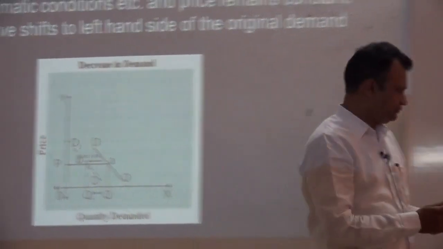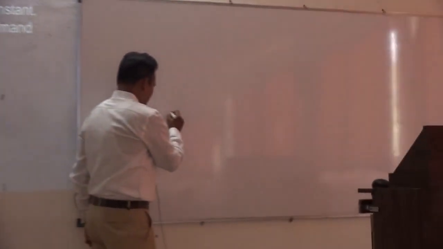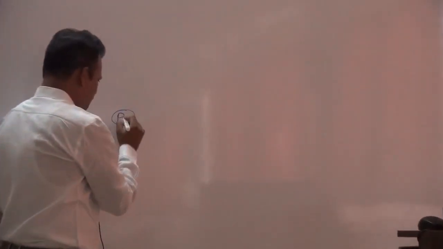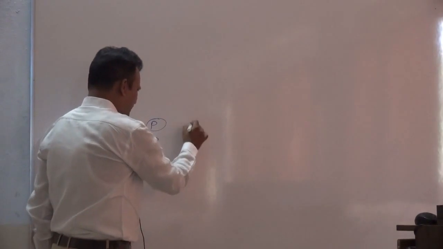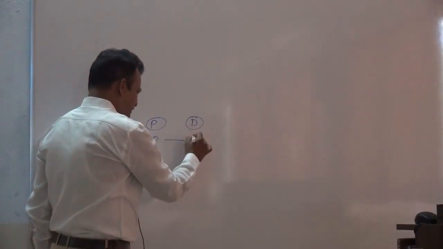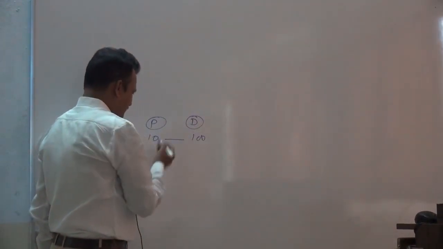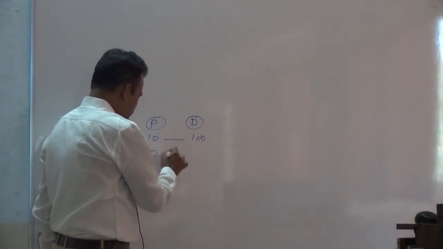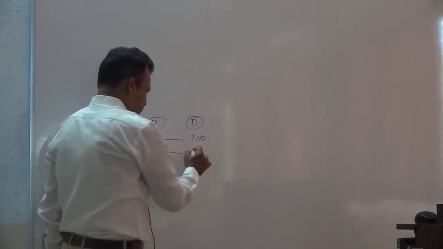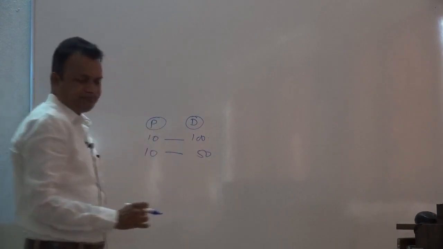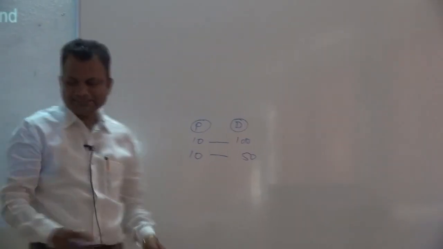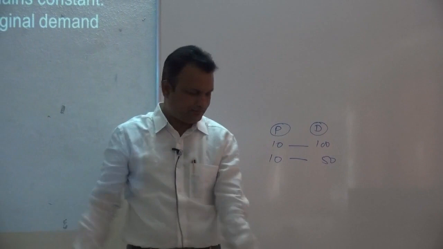For example, we will explain that thing in detail. Suppose the price of a commodity is 10, at that time the quantity of the commodity demanded is 100 units. Okay, if the price of the product is also 10, right now the person is going to buy 50 units. Okay, the same thing is explained here in the slide.